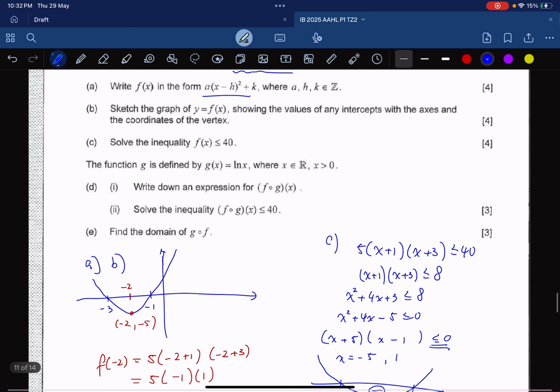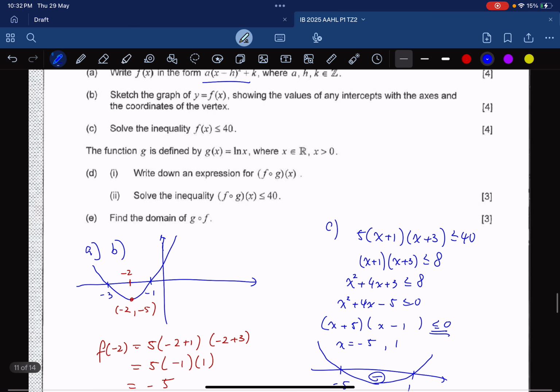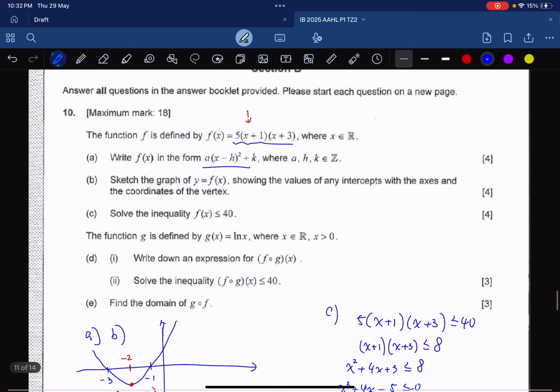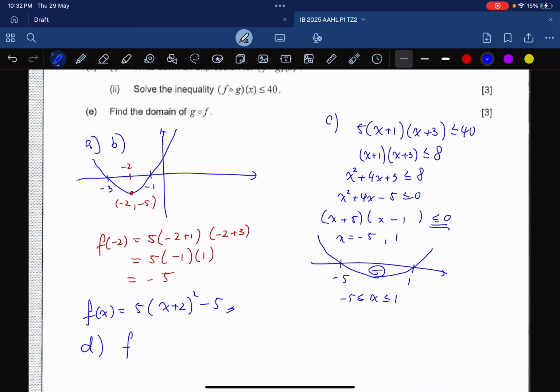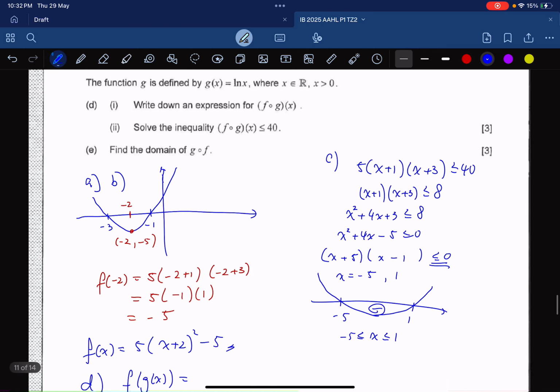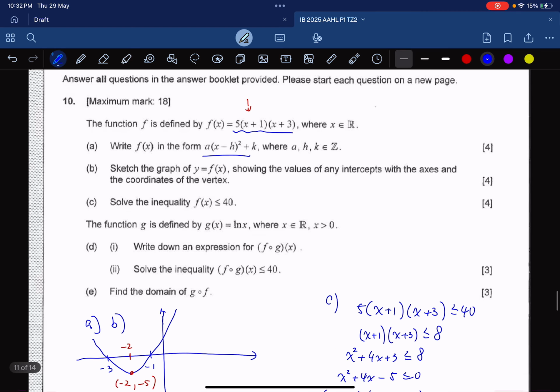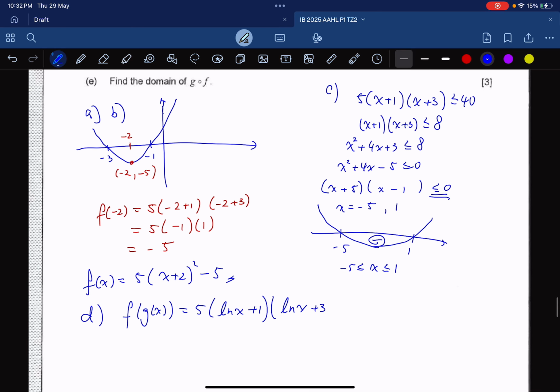Part D, function g is defined by ln x. Write the expression of f(g(x)). So f(g(x)) would be 5(ln x + 1)(ln x + 3).